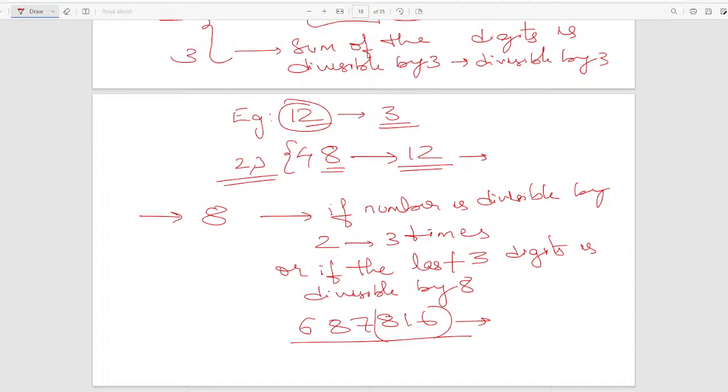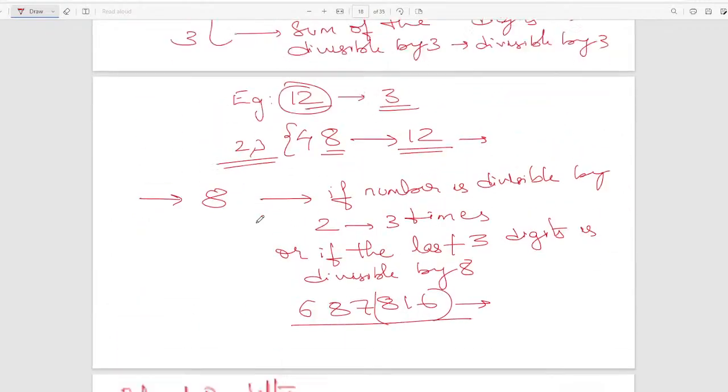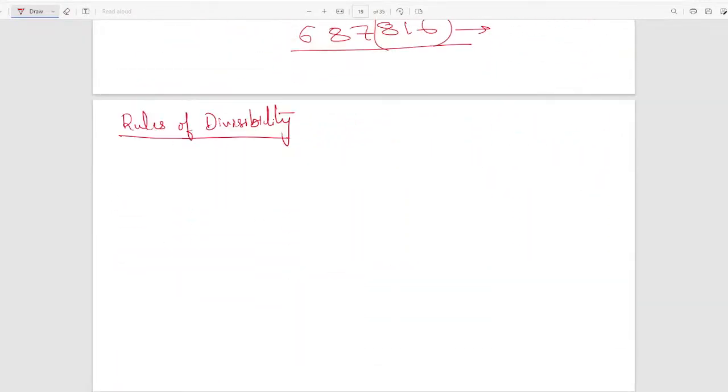Then coming on to 9. You don't have to worry about divisibility of 7. 7 is not asked much. I'm covering just the common things that are frequently asked.